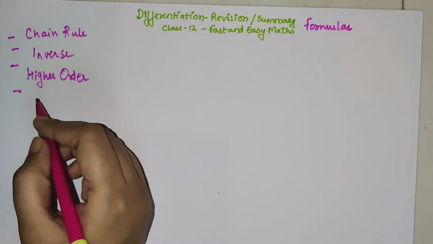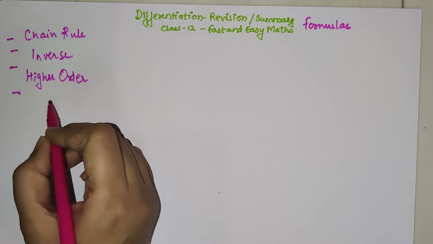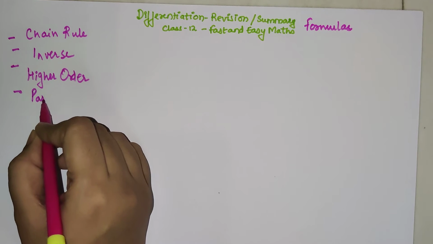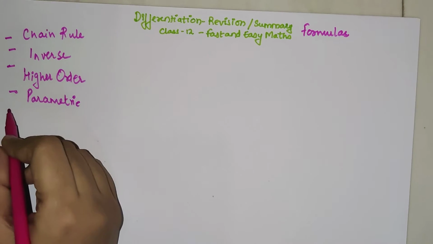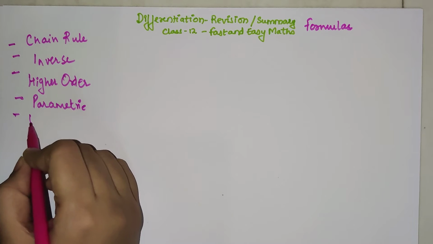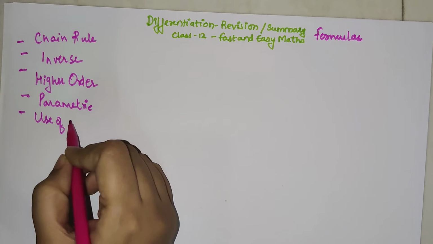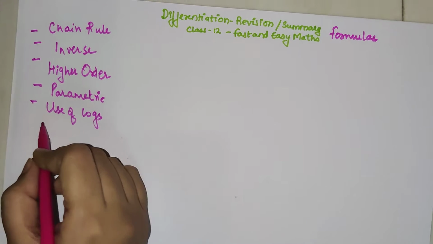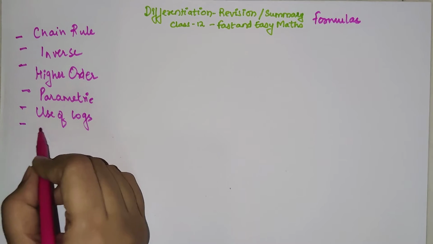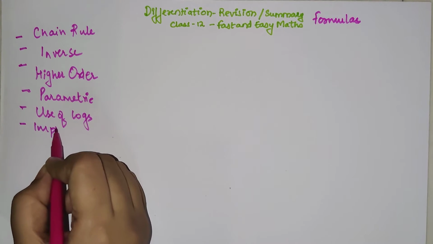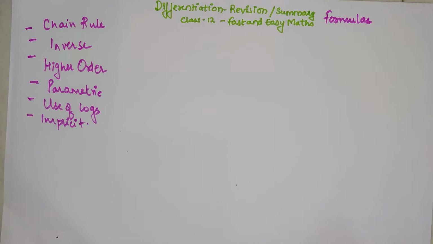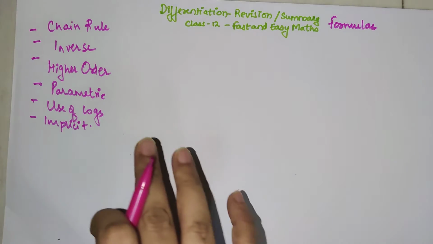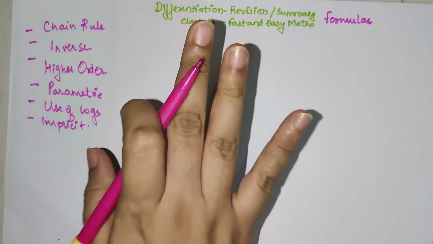Then after that we can say parametric. Then use of logs, and then implicit functions. Okay, so these are the types which are going to be there in this particular chapter.